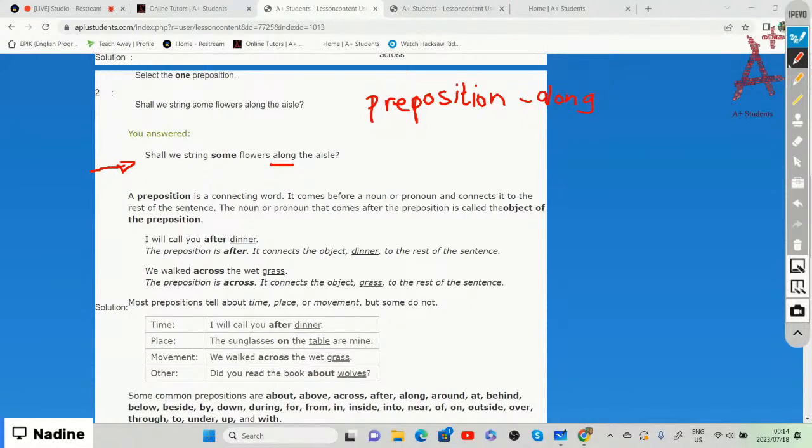And if we were to identify our object, remember we said the object is a noun that comes after the preposition, so the object is aisle. So in this case, along being the preposition connects the object, which is aisle, to the rest of the sentence.